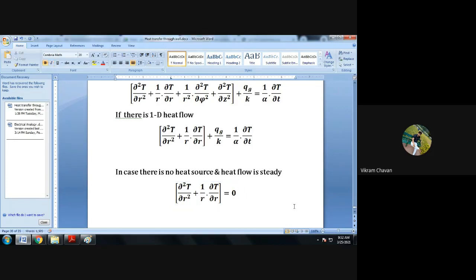The equation will become ∂²T/∂r² plus 1/r multiplied by ∂T/∂r equal to 0. This equation we will get in case there is no heat source and the heat flow is steady and one dimensional, because we are considering one dimensional heat flow.